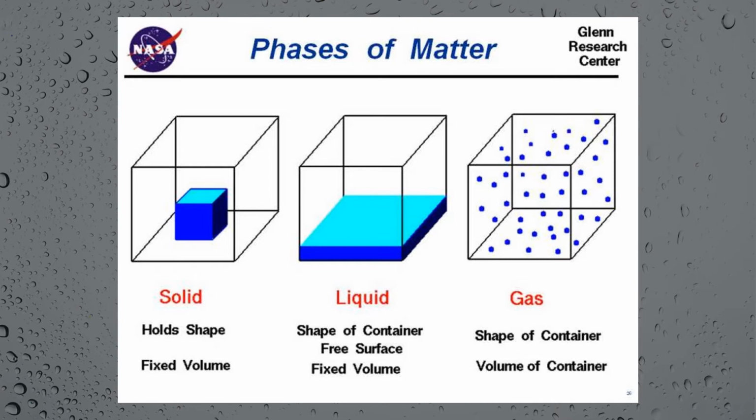The liquid inside the second container takes the shape of the container. It also has a free surface and a fixed volume. And the third container contains gas. It takes the shape of the container, like the liquid, and takes the volume of a container.